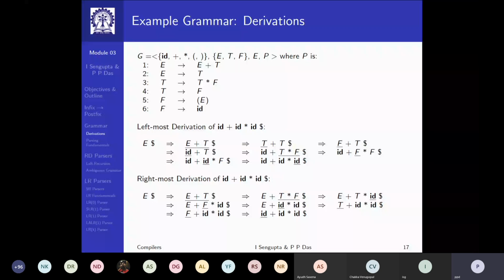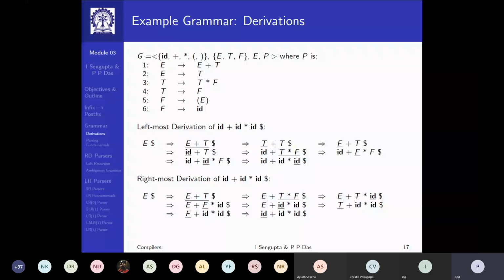We'll start with the terminal string, that is the sentence, and instead of doing a production, we will start doing a reduction. That is, we'll identify a right-hand side in the sentential form and replace it by the corresponding left-hand side.